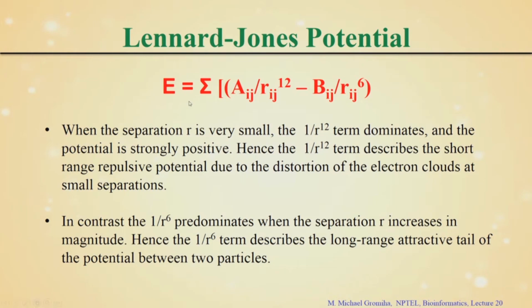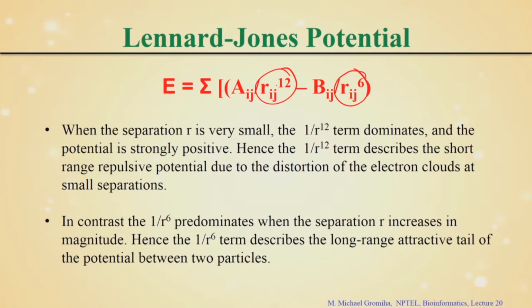This energy is equal to Aij by Rij power 12 minus Bij by Rij power 6. This is called the 6-12 potential because of the powers Rij power 6 and Rij power 12. If the separation is very small, which term will dominate? The repulsive term will dominate. Rij power 12 is very high because it is very close, so you have high repulsive energy.